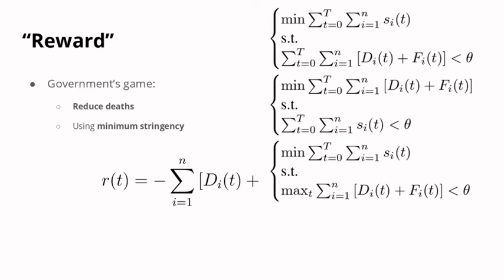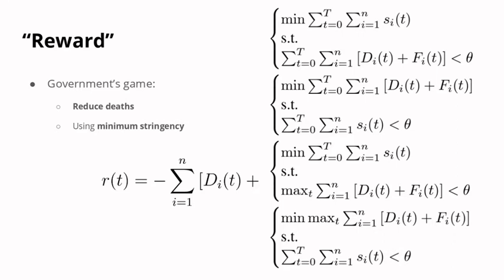And we can say the same thing, but this time thinking about the peak of the deaths: keeping the peak of the deaths bounded, or minimizing the peak such that the stringency is bounded. The more realistic approaches are the second and the fourth one, because S is the factor that we can more easily control and more easily bound. Basically, the ultimate goal is to minimize deaths, and the only action that you can make is modifying S.